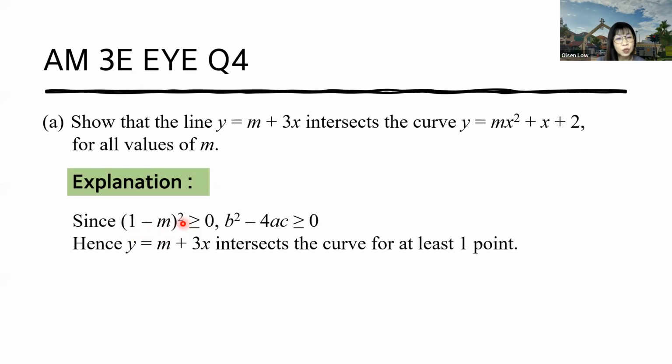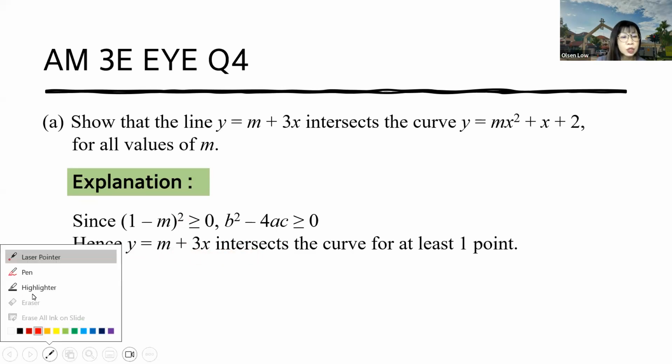Because this perfect square has to be greater or equal to 0, we are able to deduce that the discriminant b squared minus 4ac has to be greater or equal to 0. And with this condition, hence we show that the line intersects the curve at at least one point.